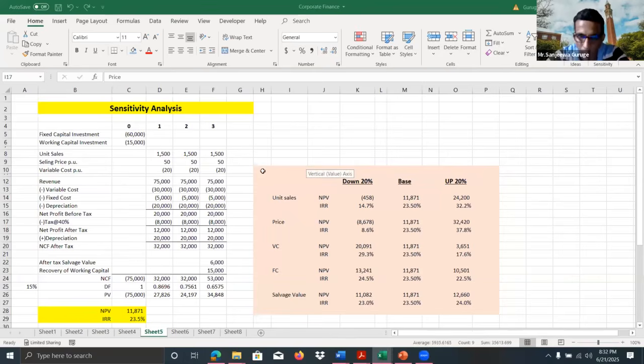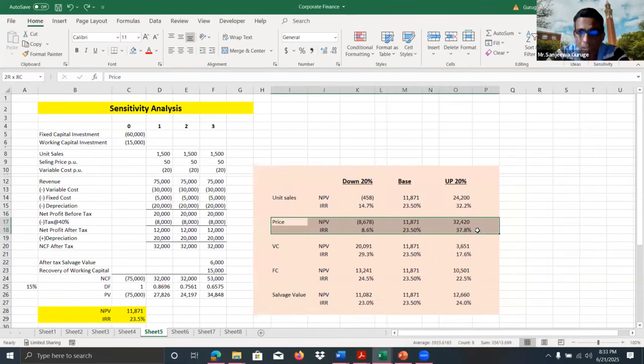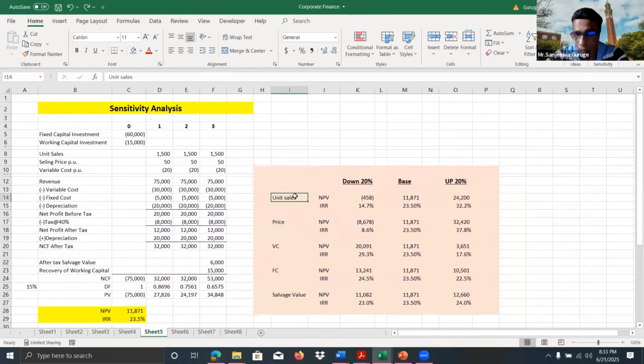But if the estimation of the price is wrong, the entire analysis is wrong and the decision will be wrong. The unit sales are also sensitive. That is the importance of doing sensitivity analysis. Sensitivity analysis is useful to identify the risk.